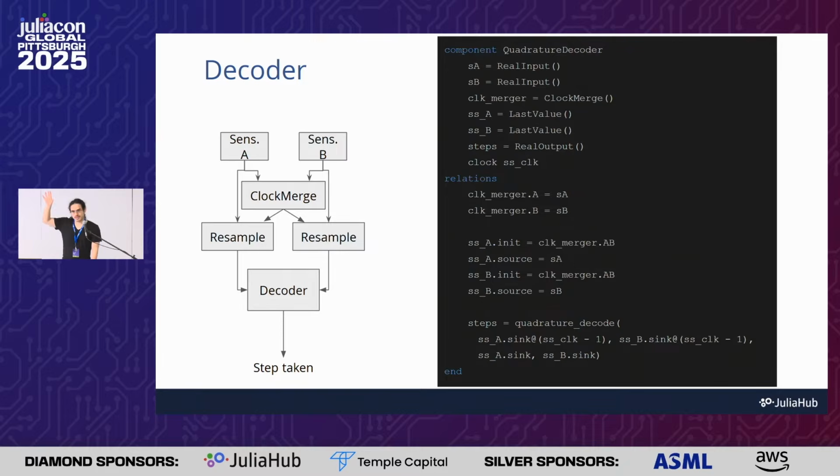So we take the signals coming from each of the sensors, merge them together, which creates the OR clock of both of the inputs, and then resample them using the last value mechanism onto the union of the 2 clocks. We then send that into a state machine-like decoder that figures out whether the wheel has stepped forward 1 step, stepped back 1 step, or hasn't moved on this particular clock.